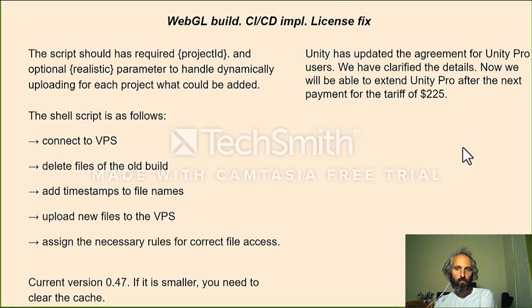Unity has updated the agreement for Unity Pro users, so we have clarified the details now about this. Also we will be able to extend Unity Pro after the next payment for the tariff. $225.